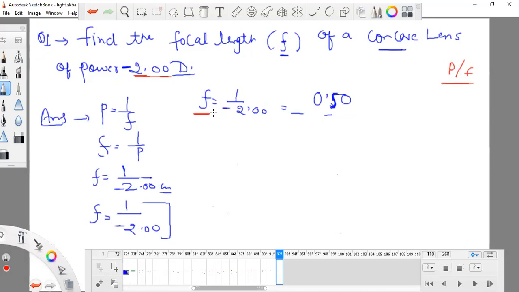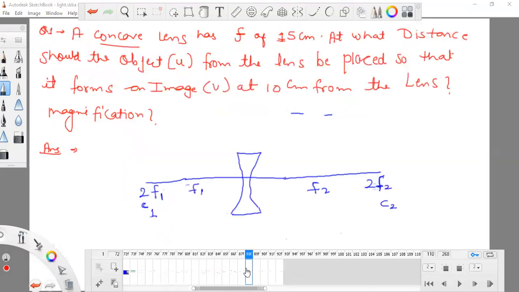In this type of question, power will be given to you in diopter. So whenever you find this focal length, it should be in meters. Remember, if you don't write meter, the examiner can cut your marks. I told you this before: you have to find the focal length only when we are talking about power and focal length, not the questions we did earlier.